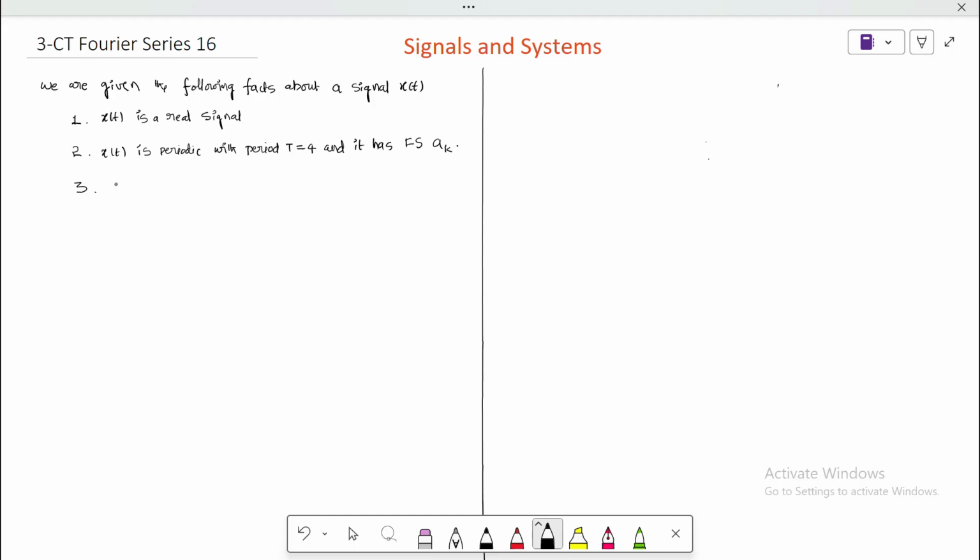The third one, a_k is given: a_k equal to 0 for mod k greater than 1. So a_k shouldn't have magnitude after 1, for positive and negative, is it? So it may have values at k equal to 0, k equal to minus 1, and k equal to 1. That is the information.